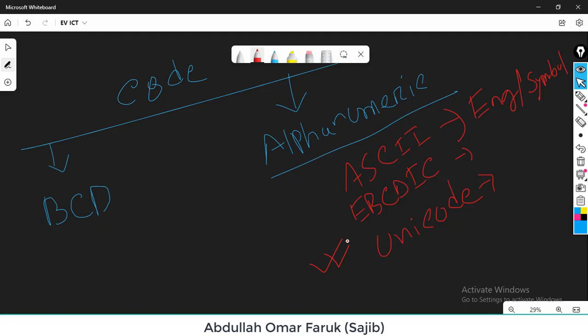Just because computers do not understand Bangla or Urdu or Arabic or Farsi, it has to be transferred into the computer's language, and computers understand binary. So this coding system will convert each and every different type of language to the binary number system.